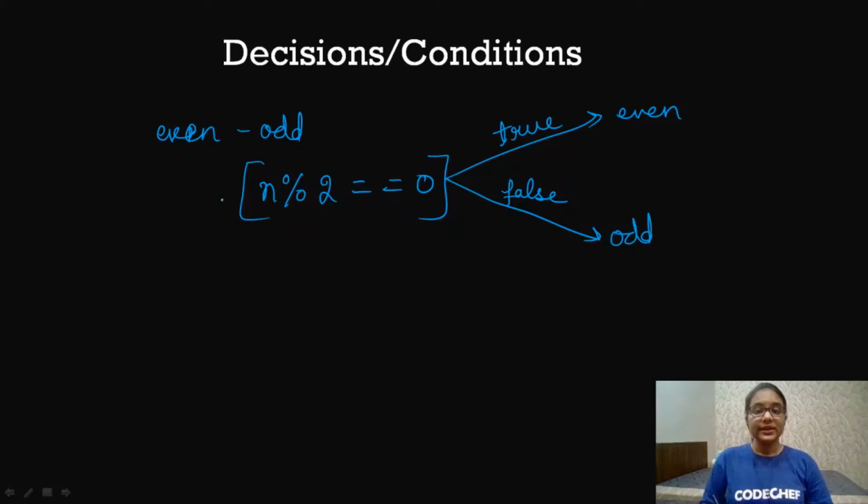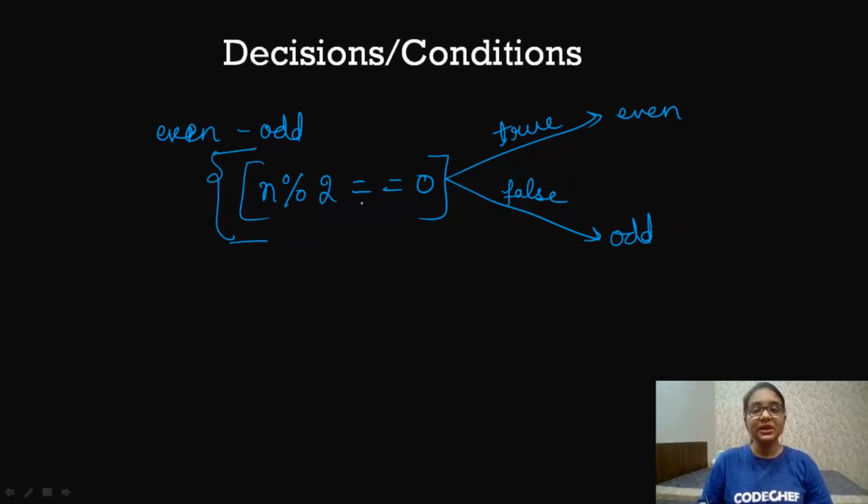Now, this entire thing that you see represented here has to be coded. In order to code this, there must be certain statements which are specific to any language. Here we are using C++. So let us discuss what we have in C++ such that you can execute these kinds of conditions and then make a decision based on that. What do we mean by making a decision?